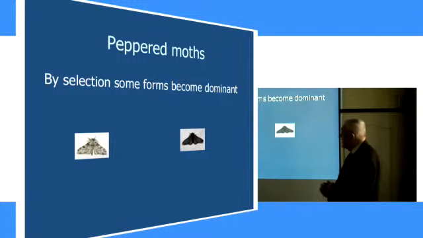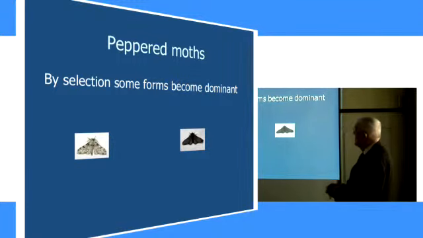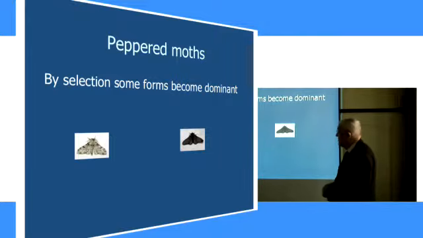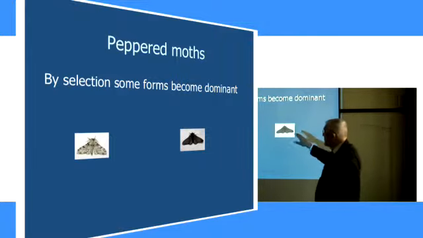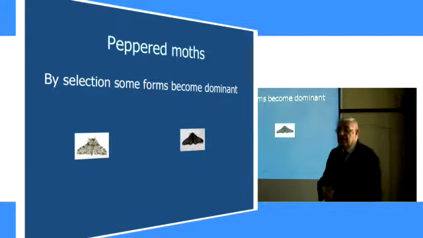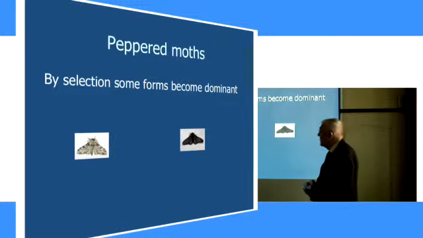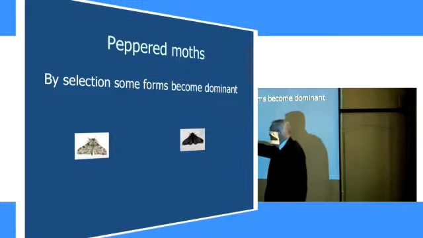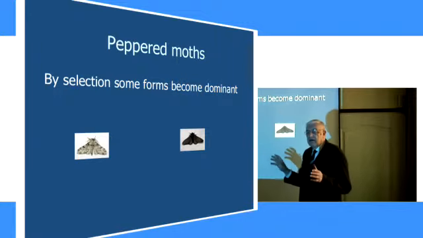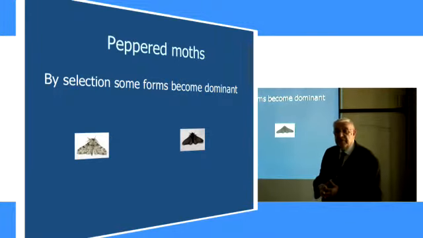In school textbooks, we often find this example of the peppered moths. These are insects which are said to be sitting on the bark of birch trees. And when the bark is whitish, these individuals are less visible to the birds that prey on them, and so they survive.